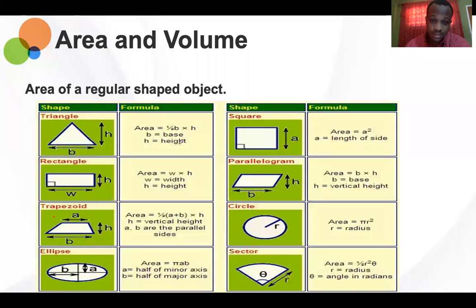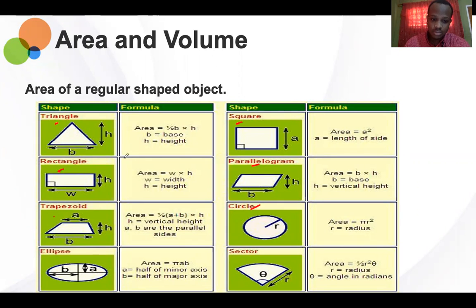So we were saying that when we want to calculate the area of shapes that we already are acquainted with, for example, from mathematics, we're acquainted with the triangle, the square, rectangle, circle, and of course parallelogram.